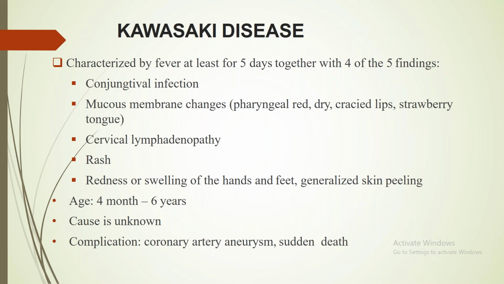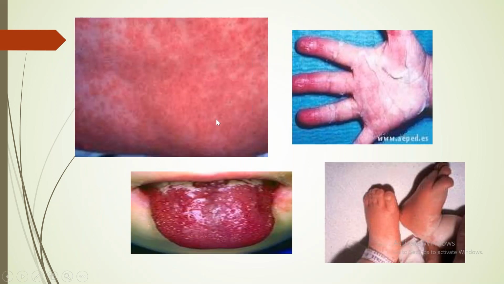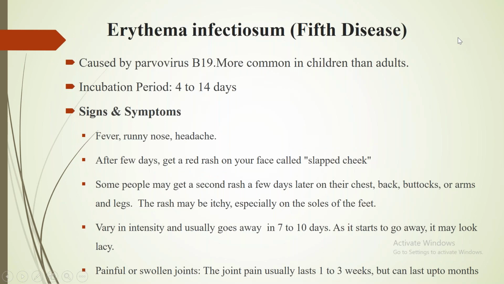Mostly children around 5 to 6 years of age come with Kawasaki disease, and they can have sudden death, they can have coronary artery aneurysms. That is one of the causes which makes it difficult. They have strawberry tongue, edema of the limbs, skin peeling, the typical maculopapular rash, and they can have cervical lymphadenopathy. So this is how Kawasaki disease presents.